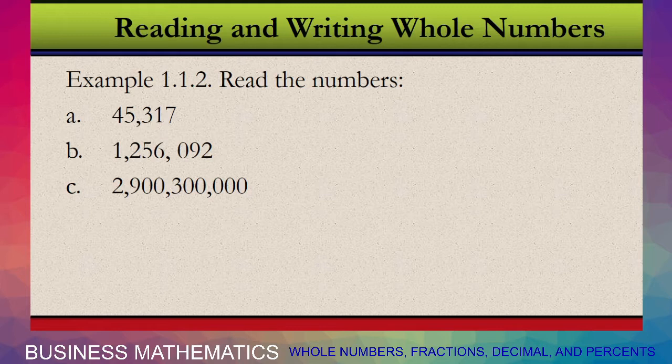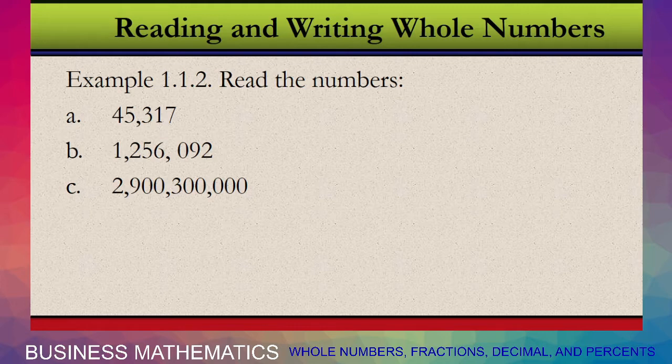Letter B, 1,256,092. Wala tayong "and" na nilalagay kapag whole number yung given. Pero pag ang given natin ay decimal, saka lang tayo maglalagay ng "and". Letter C. Okay, tama. Isulat natin.